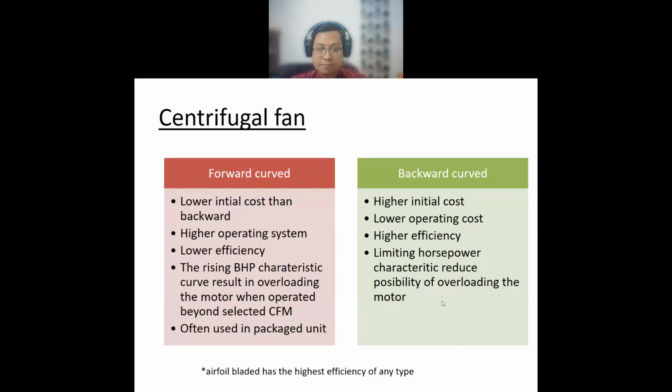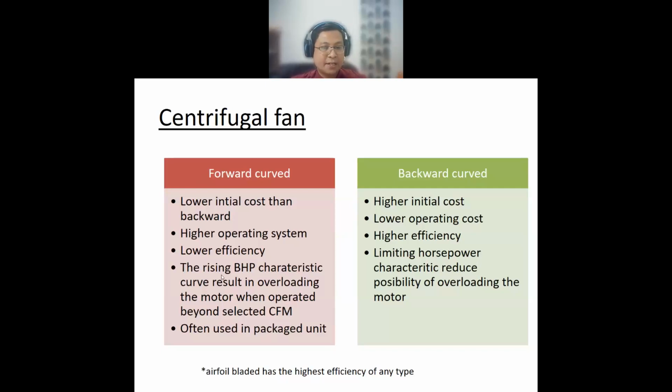You can pay with low cost, but maybe we will pay in operating and high maintenance. So it depends on the client, what they need to run the hatchback system.